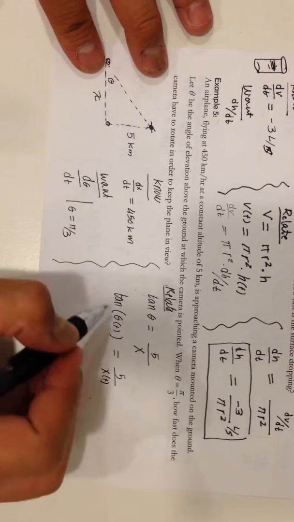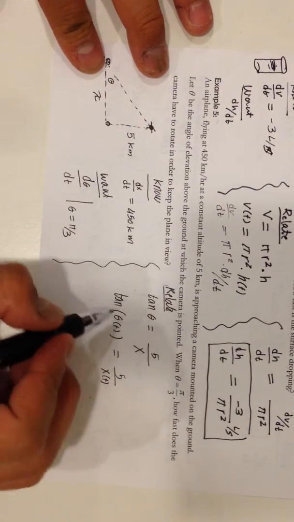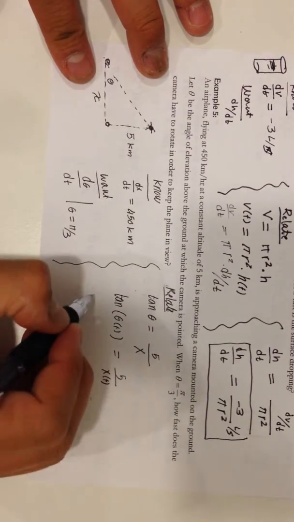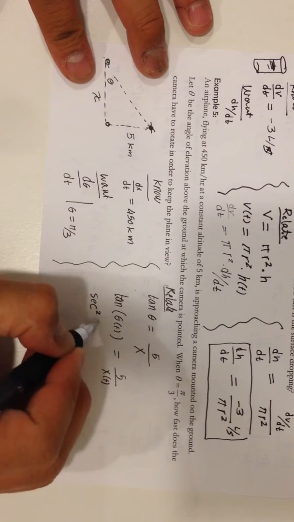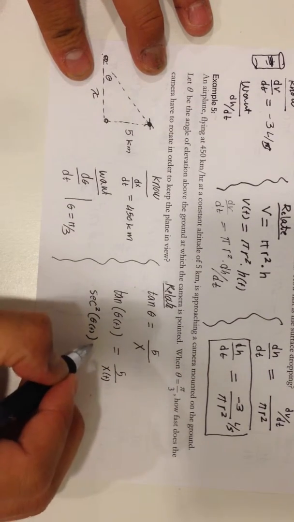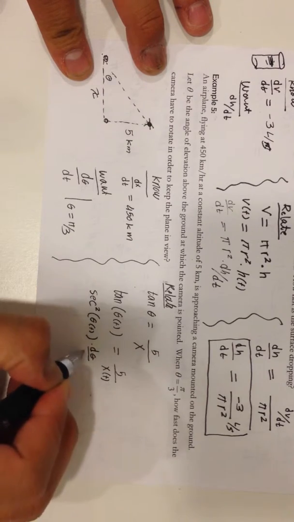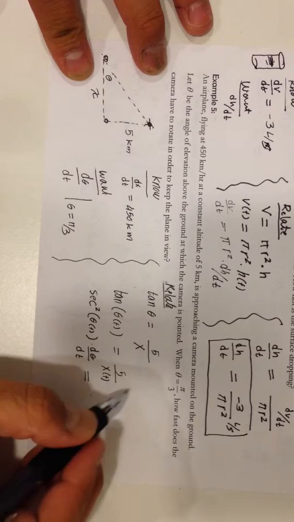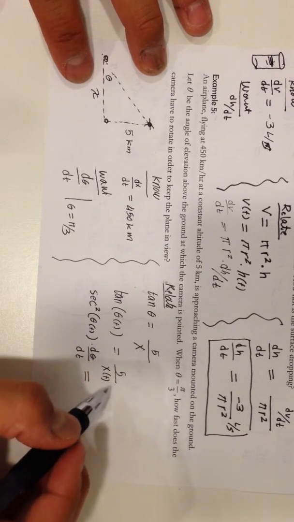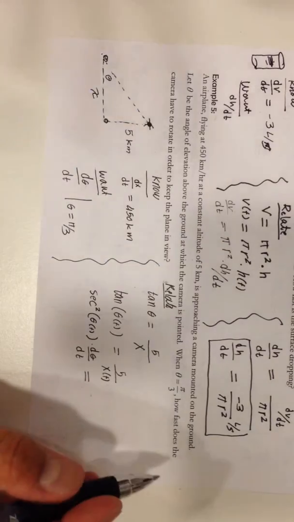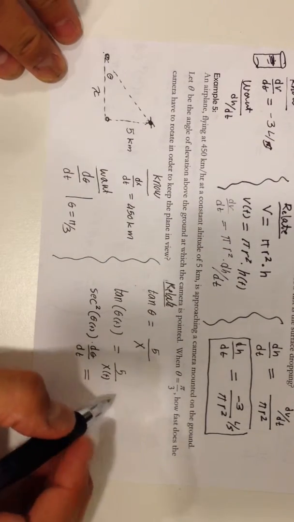Once we write that as a function of time, we take the derivative of both sides. The derivative of tangent is secant squared θ, but remember, we have to multiply that by the derivative of the inside, which is dθ over dt. Then the derivative of the right side: you can use the quotient rule, or think of this as x to the negative 1.